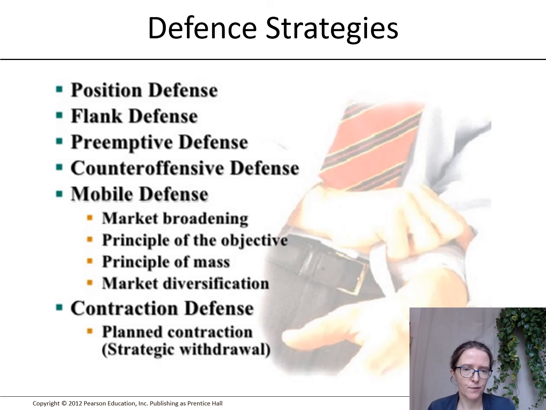Or there's mobile defense. When we talk about mobile defense strategy, that includes things such as broadening the market, what's the principle of the objective, what's the principle of mass, and how do we diversify the market. And you also have something called contraction defense. So that's when you plan to contract or strategically withdraw from the market.